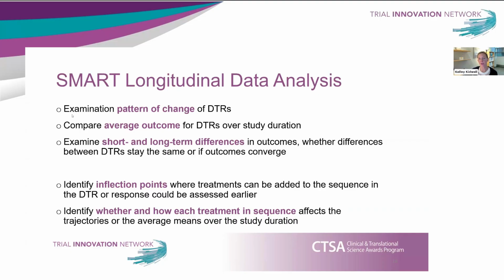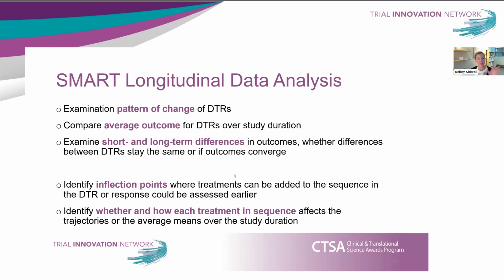So we can examine the pattern of change in the dynamic treatment regimens. We can compare the average outcome for the dynamic treatment regimens over the study duration. We can look at both short-term and long-term differences in the outcomes, and we can figure out whether those differences between the dynamic treatment regimens stay the same or if the outcomes converge.